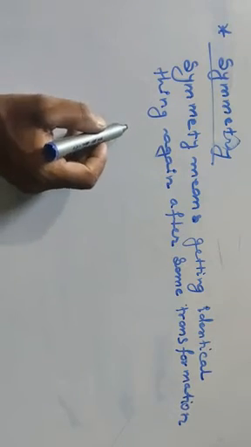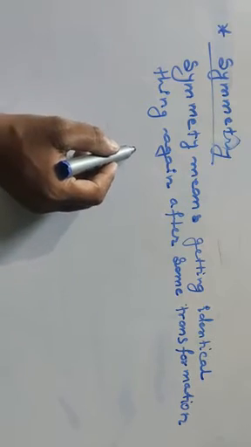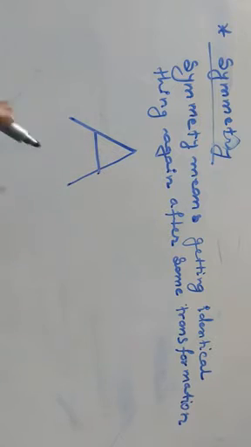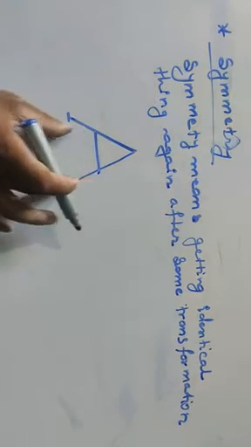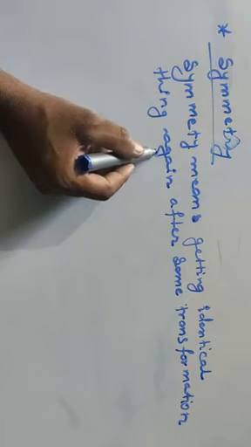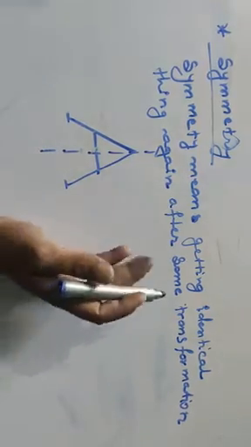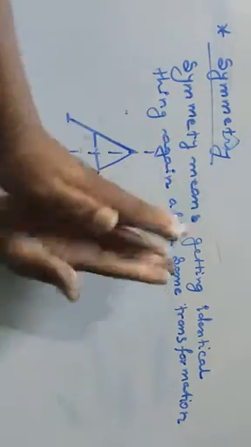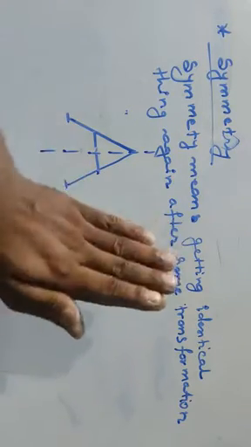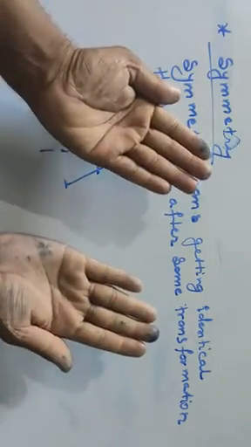If you have an alphabet letter, how many lines of symmetry can we construct in it? Only one line of symmetry. Symmetry means, suppose I have a hand, if I divide this in two equal parts, then it is called symmetry.